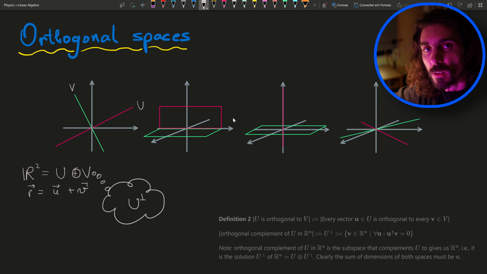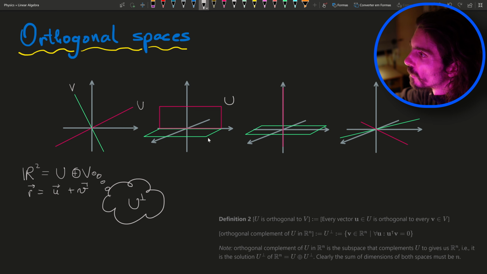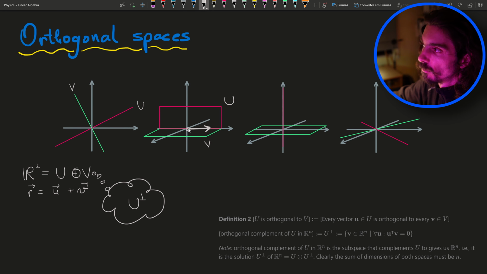For them to be orthogonal spaces, it means that every vector on U must be perpendicular with any vector on V. But if you take, for example, this vector here, this vector belongs to U, but also belongs to V. And it's not orthogonal. See, any vector on the y-axis belongs to both spaces, and they are not orthogonal in this situation.